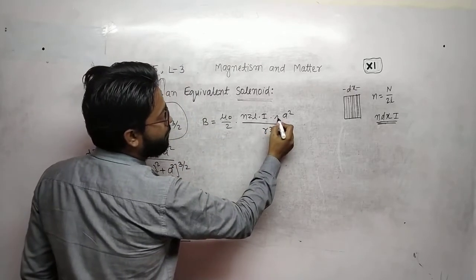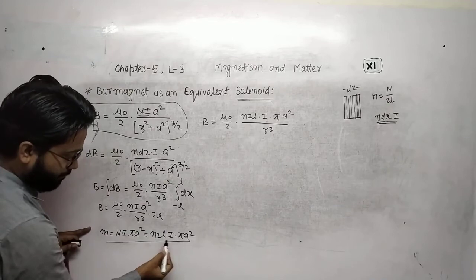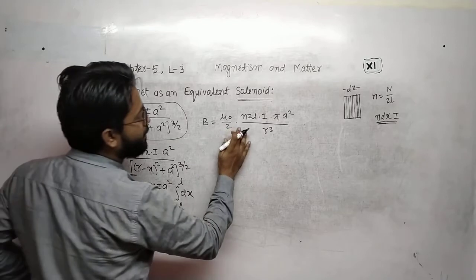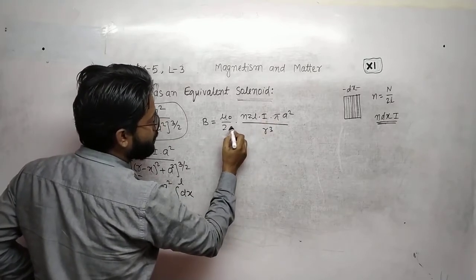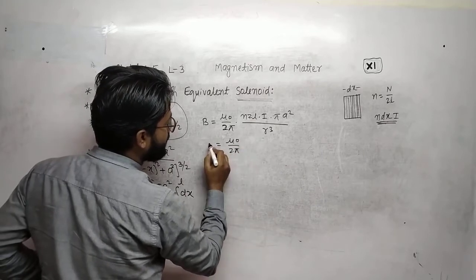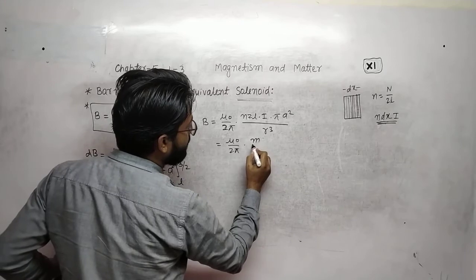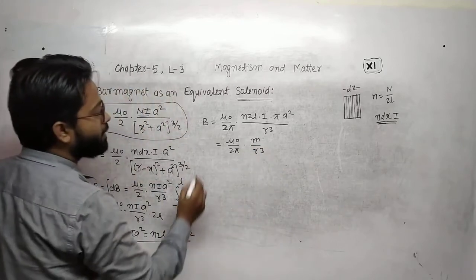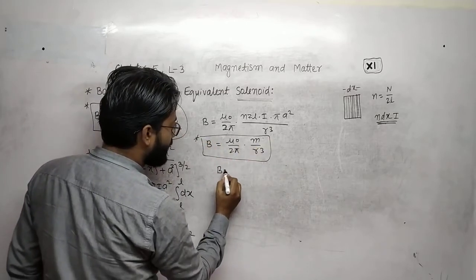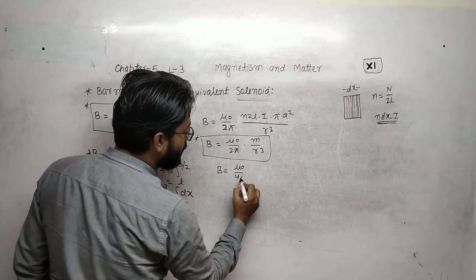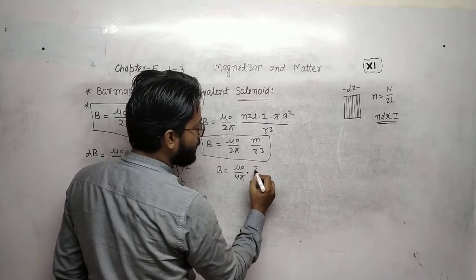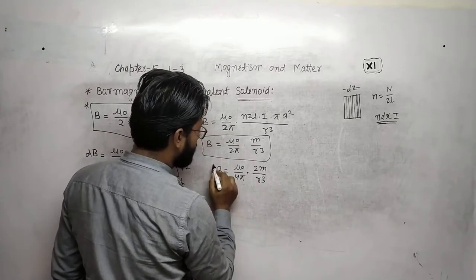You may multiply by pi and also divide by pi, because then this whole term becomes m, and it will be equal to mu naught by 2 pi into m upon R cube, where m is the magnetic moment. This is the formula. It can also be written as B equals mu naught upon 4 pi, because we know the value of mu naught by 4 pi, times 2m upon R cube.